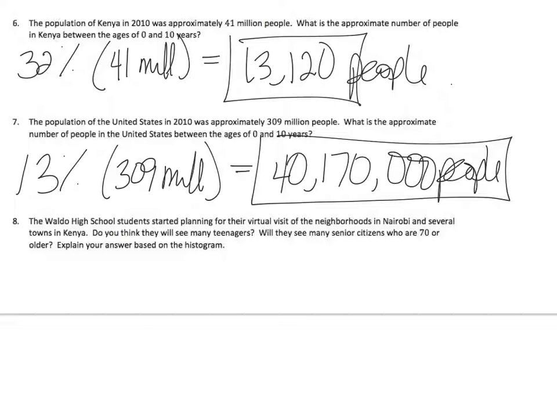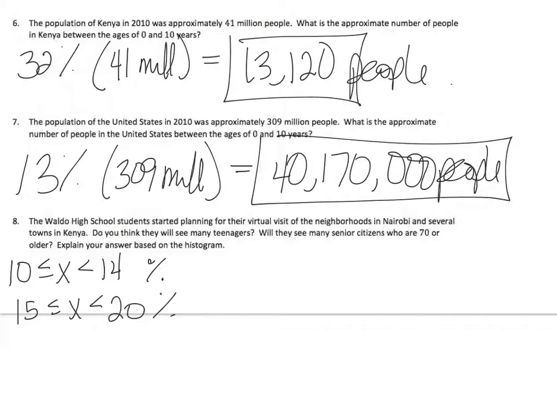If you look at the histogram, we can look at the population between 10 and 14, the percentage there. I can look at 15 to 20. Well, we do, I would do less than 20 because 19 is a teenager, right? But this is less than 20. I'm going to find that percentage.